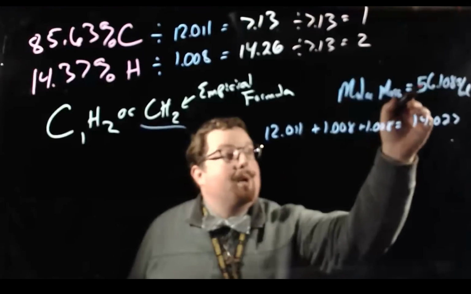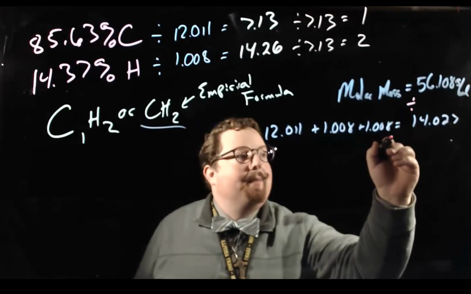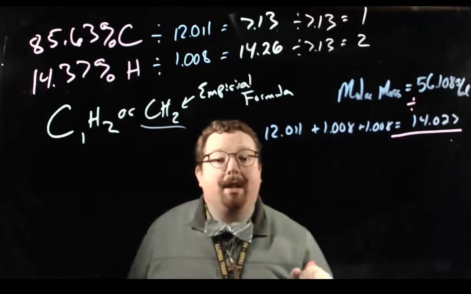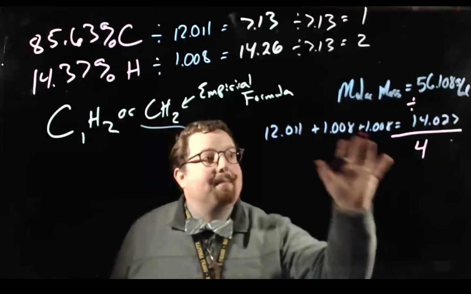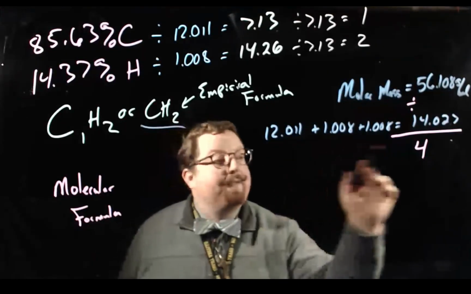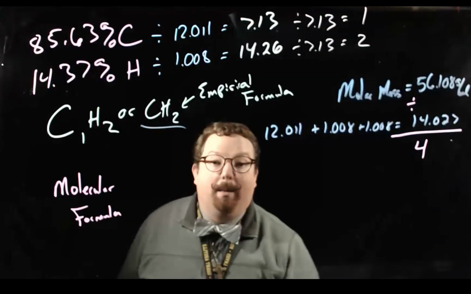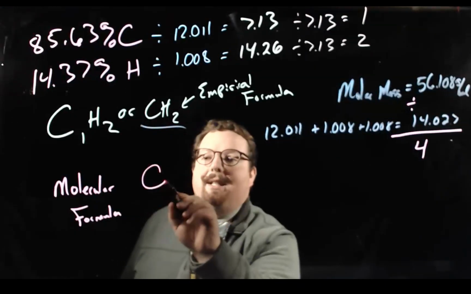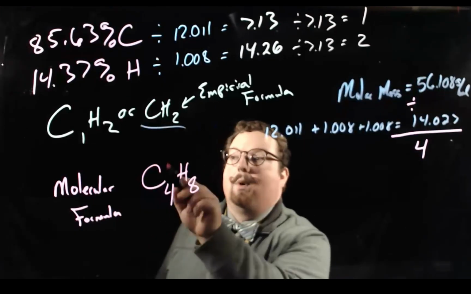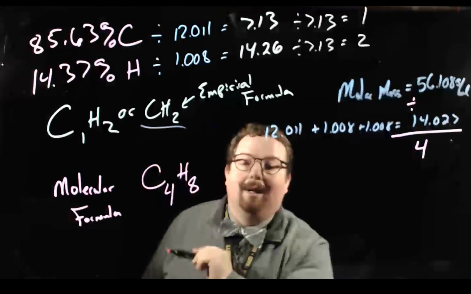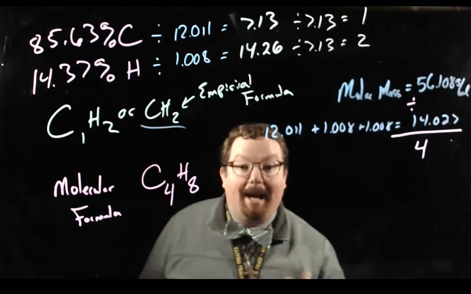And then we take our molar mass divided by this number, and it gives us a ratio of 4. What that means is the molecular formula is 4 times the empirical formula. So this time it'll be C4H8, because 4 times the 1 is 4, and 4 times 2 is 8.